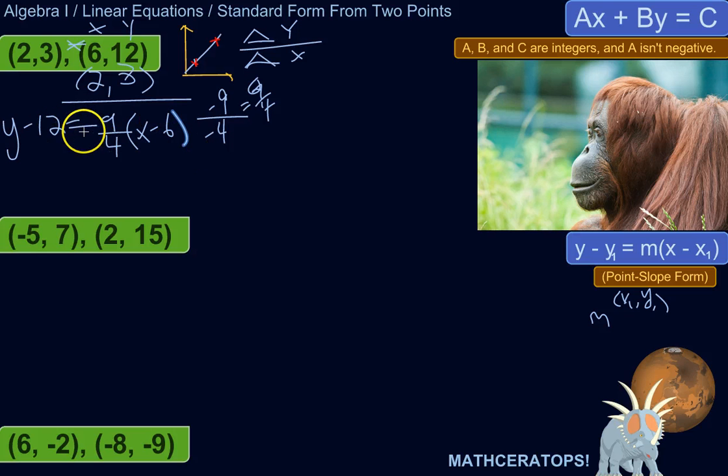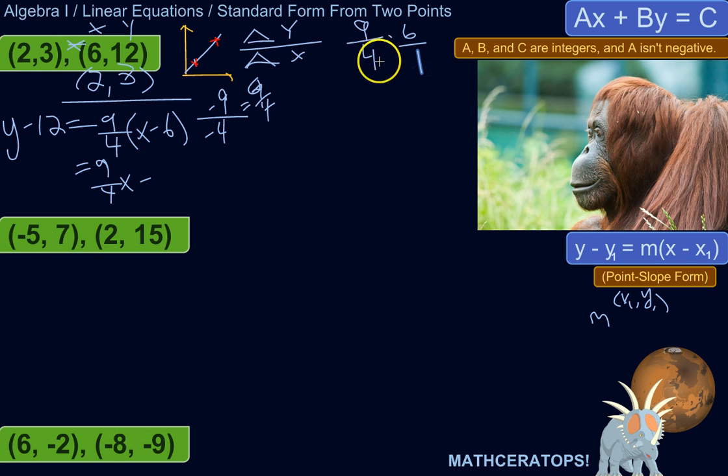Okay. So the first thing I want to do is just distribute this 9/4. I should have done something that wasn't such a pain, but oh well. 9/4 times x is 9/4 x, minus 9/4 times 6 over 1.